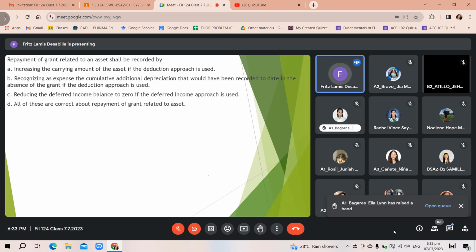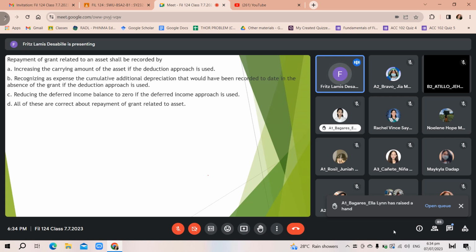So option 1 is we treat it similarly as to how we treat it if we are using the grant related to income approach. Ang option 2, we have recognizing the grant received as deduction to the asset that we received or related to the grant.